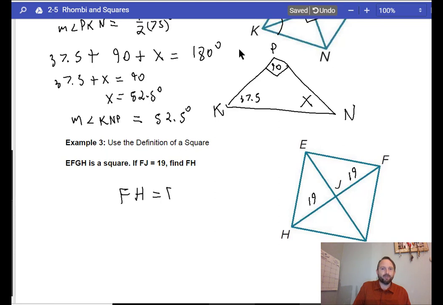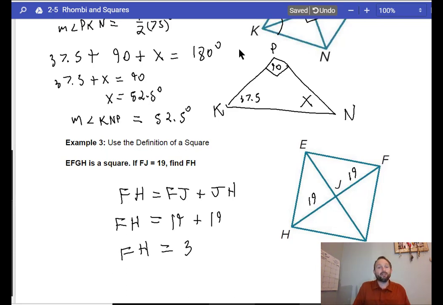FH is equal to FJ plus JH. Using the substitution property, that's 19 plus 19. So FH is equal to 38, just 38, not degrees, sorry. That's it. Let's go on.